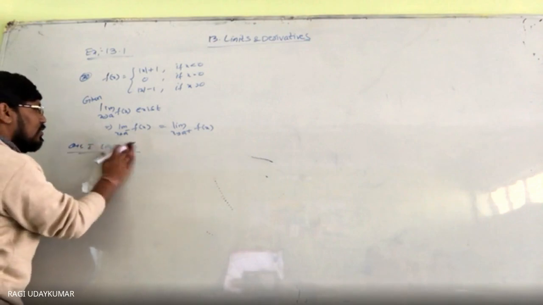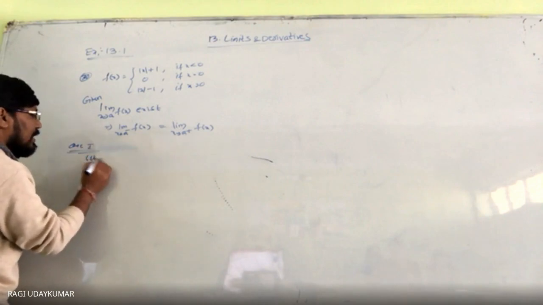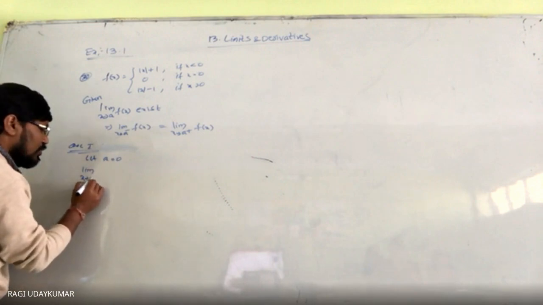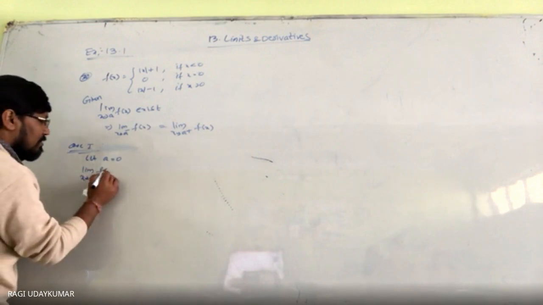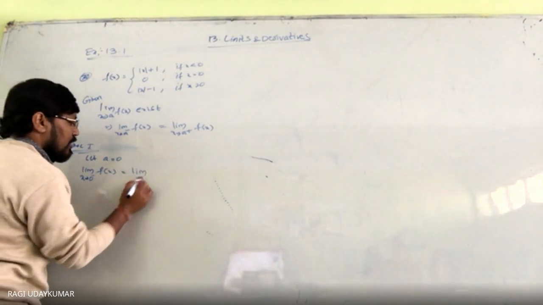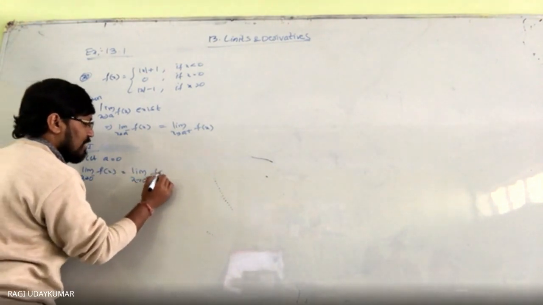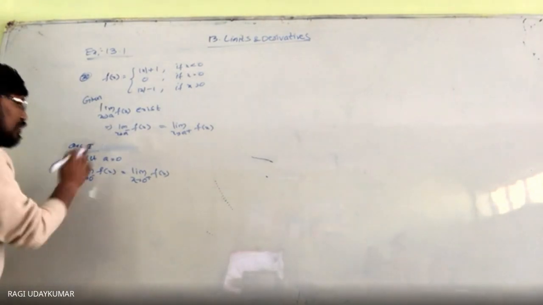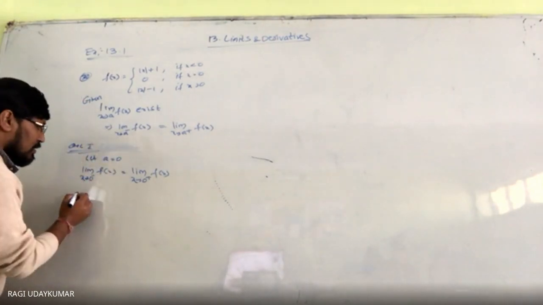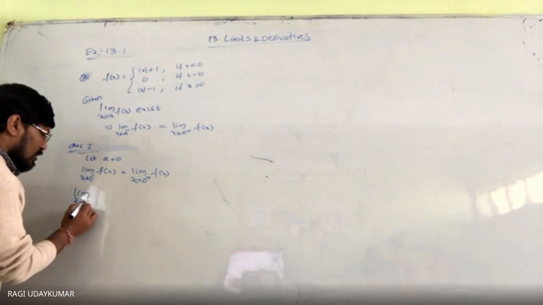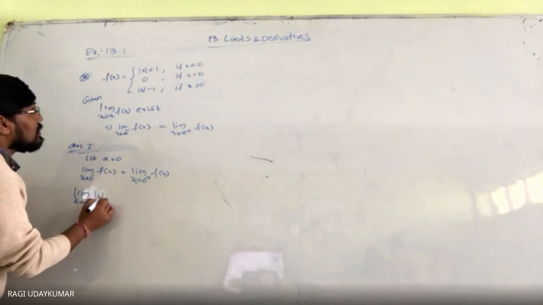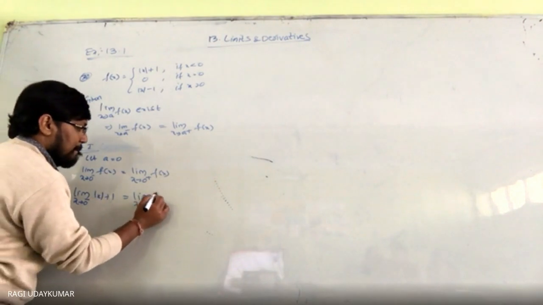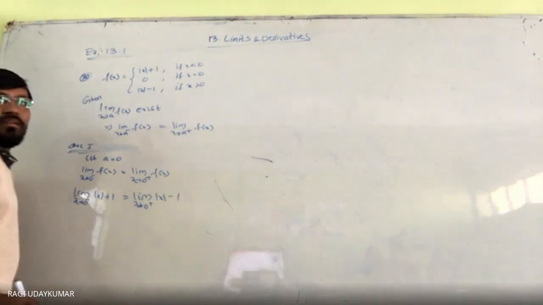In case 1, let a = 0. So the limit as x tends to 0 minus of f(x) is equal to the limit as x tends to 0 plus of f(x). As per what is given here, the limit as x tends to 0 minus of f(x) is |x| + 1, and the limit from the right is |x| - 1.